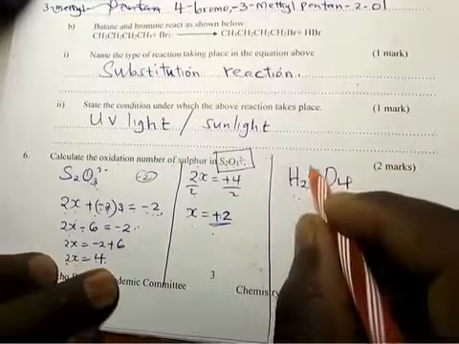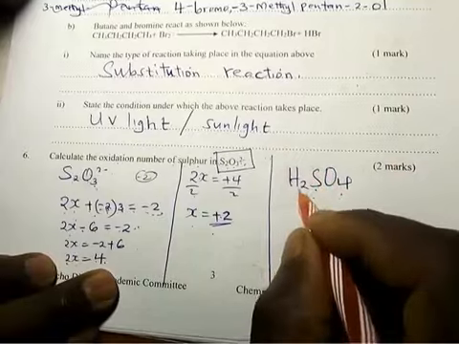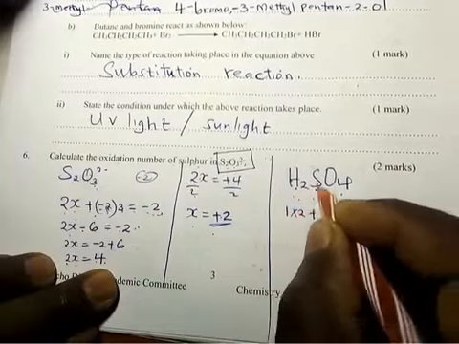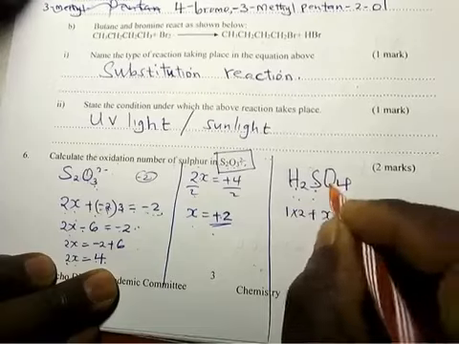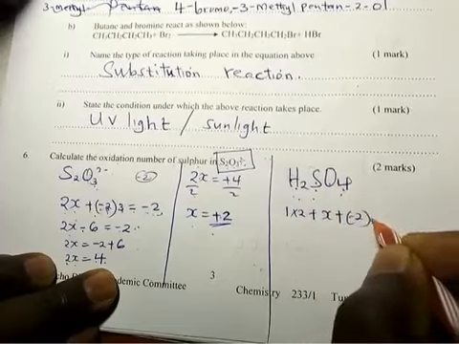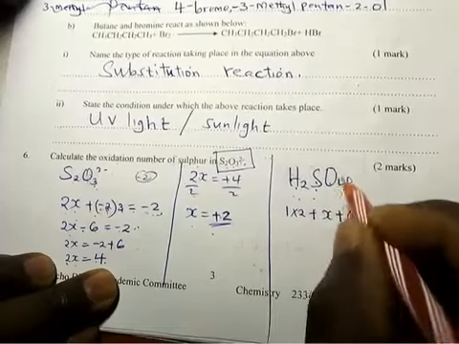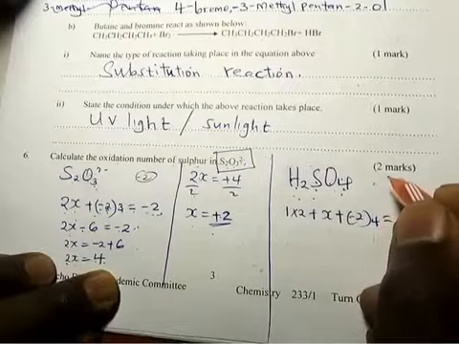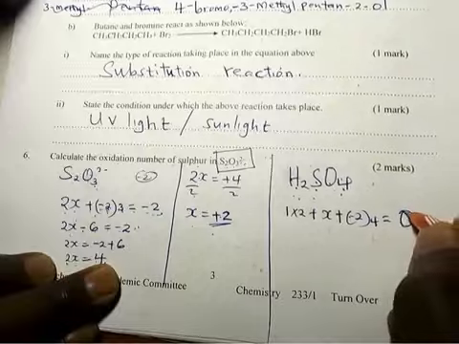If we wanted the oxidation number of sulfur here, you write hydrogen is 1, that is 1 times 2 plus x plus oxygen one is -2, there are 4, times 4, equal to 0. If it is a compound or an atom like magnesium, like aluminium, we will equate it to 0.